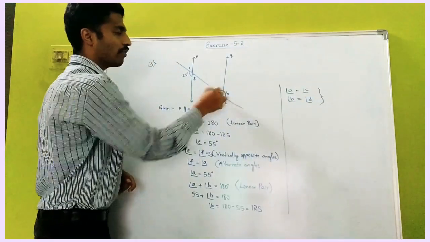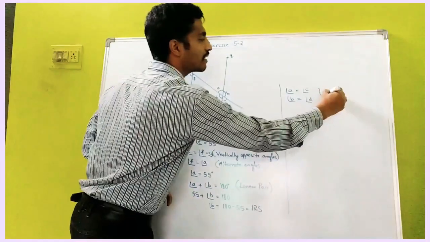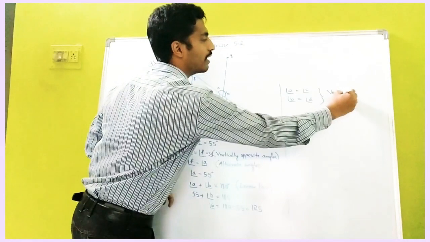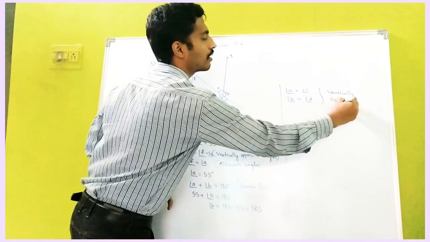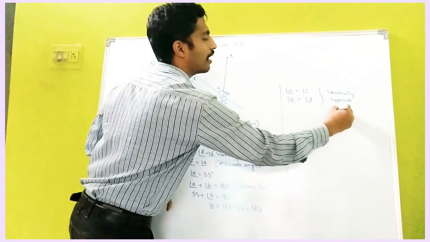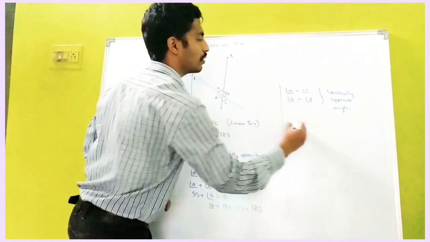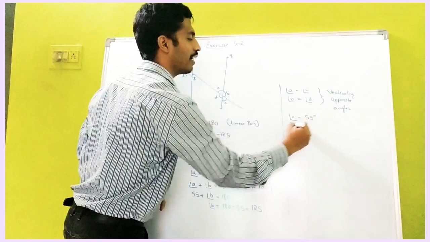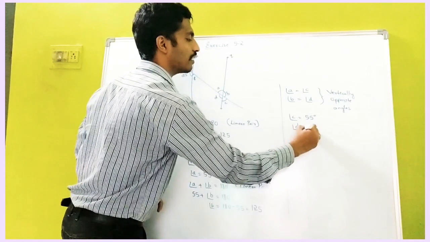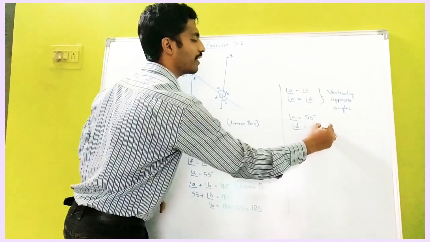See here, vertically opposite angles. So angle C is equal to 55 degrees. Angle D is equal to 125 degrees.